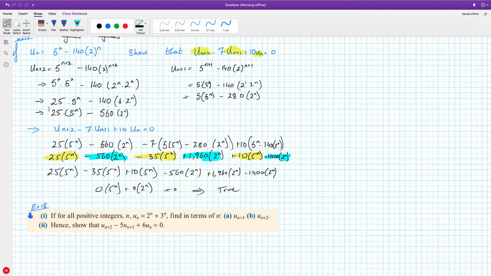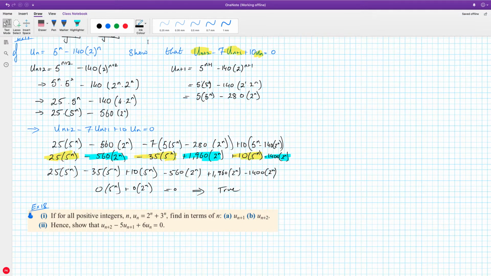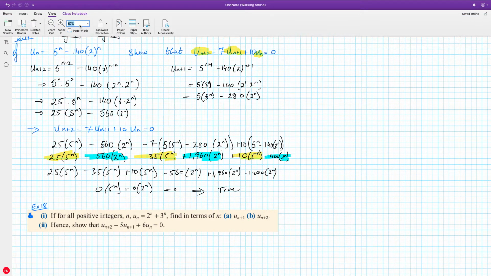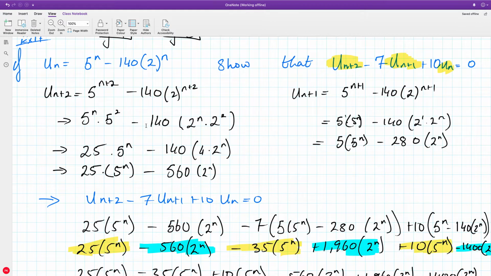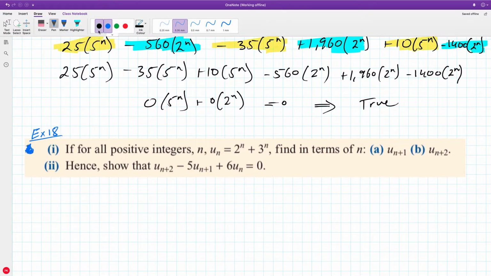Right, let's have a little look back at it. So Un is equal to 2 to the power of n plus 3 to the power of n.